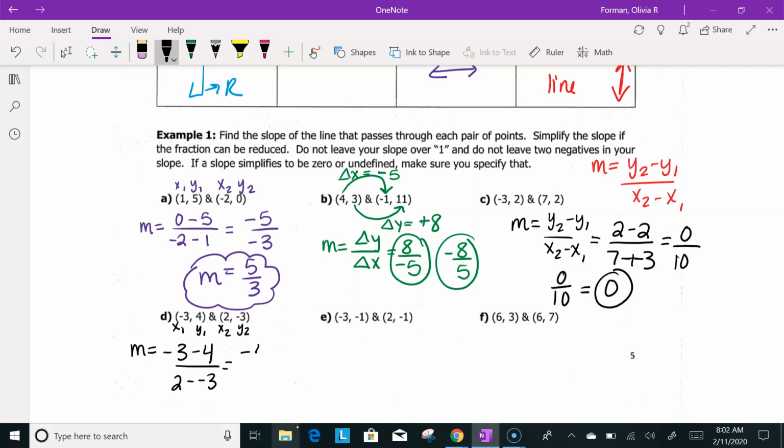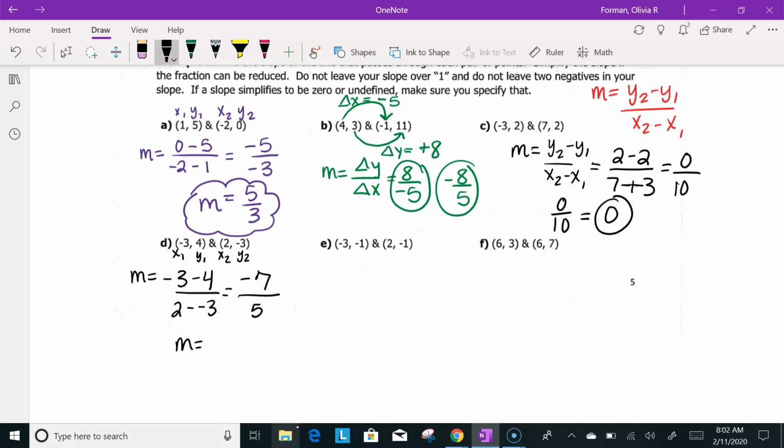Negative 3 minus 4 is negative 7. 2 minus negative 3 is 5. That means my slope is negative 7/5, or 7 divided by negative 5. It shouldn't matter which one you write. Either way works.